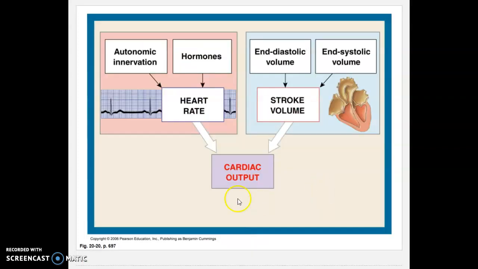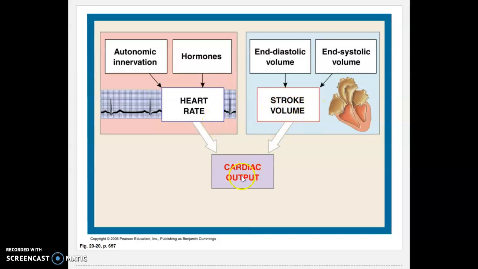Okay, the next major concept is cardiac output, which by definition is the amount of blood pumped out of each ventricle in 1 minute. So again, we have a time, which is 1 minute. And so when we take our heart rate, we say how many beats in 1 minute, and we have a volume, the amount.